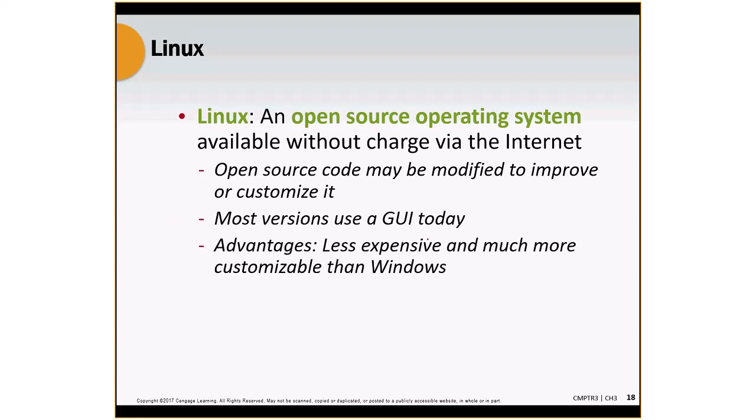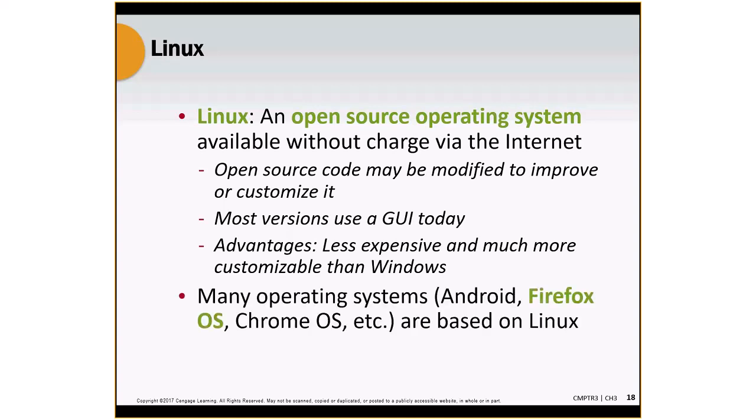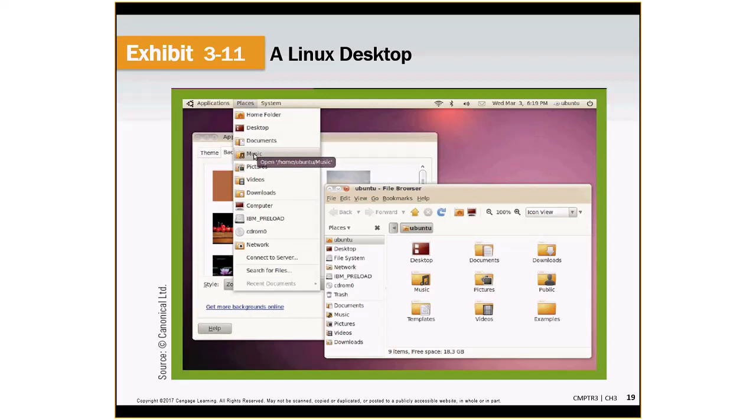The advantages are that it's less expensive and much more customizable than Windows. With Windows and with OS X, what you see is what you get, so you can't really customize too much. And many operating systems, Android, Firefox OS, Chrome OS, are based on Linux. This is what a Linux desktop looks like.